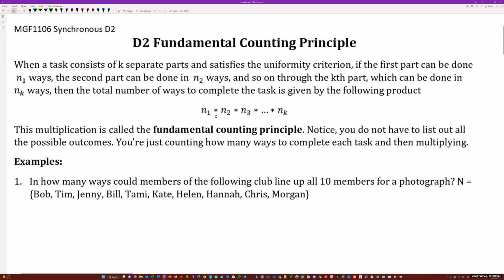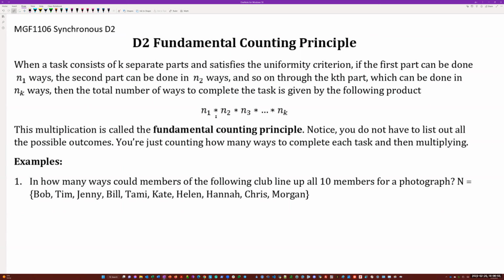Now, if there's more stuff, like if you have 10 different shirts and you have 12 different pants and 4 different shoes, then you have 10 times 12 times 4 different outfits you could make. Does that make sense?